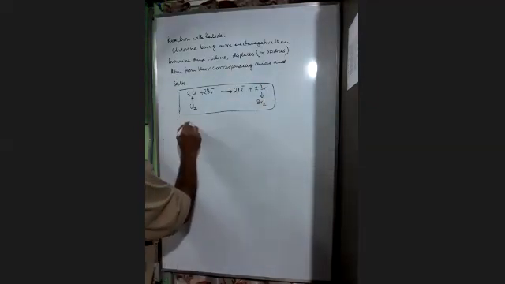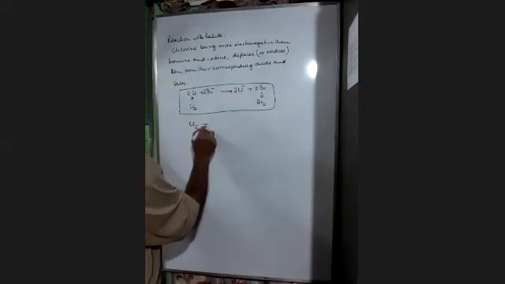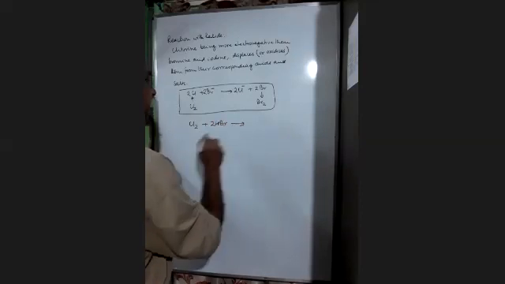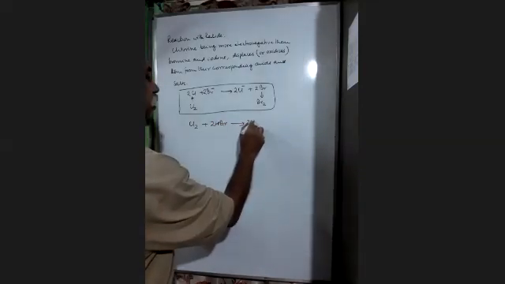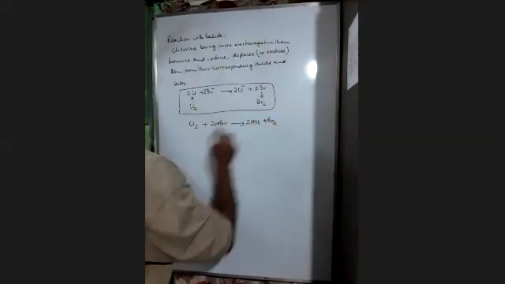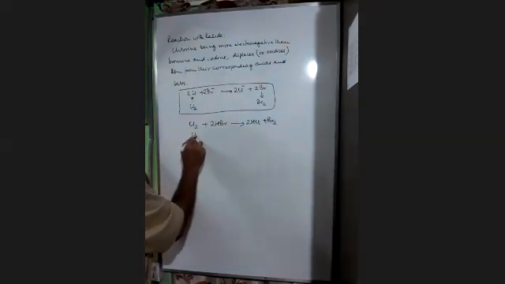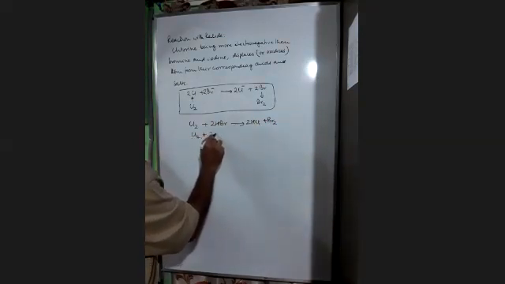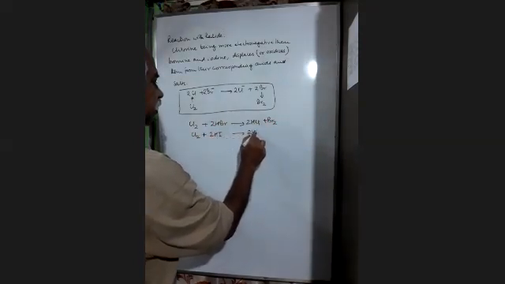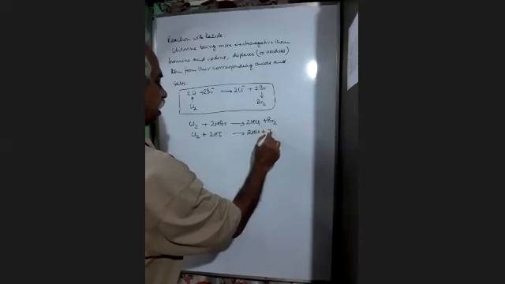So Cl2 plus 2HBr will give you 2HCl, because H in HBr is H plus and Br is Br minus. So you'll get 2HCl plus bromine. Cl2 plus 2HI gives you 2HCl plus I.